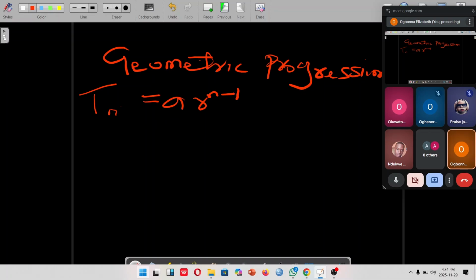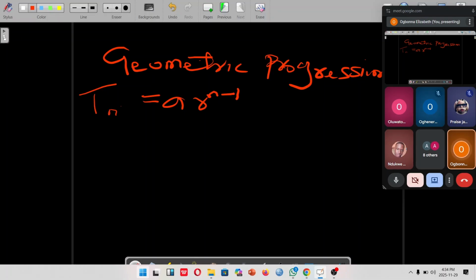And so, just as we know the one for AP, this is for GP, geometric progression. You can use this to calculate any of the terms in a question, and that won't give you problems.